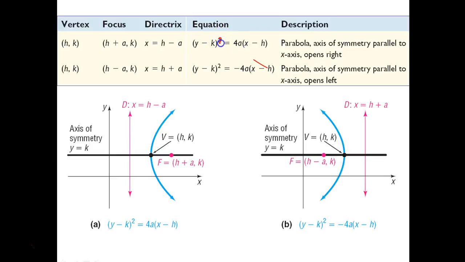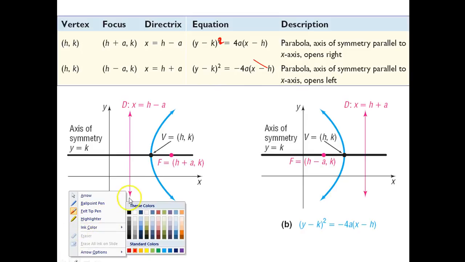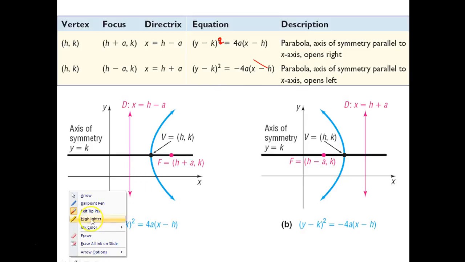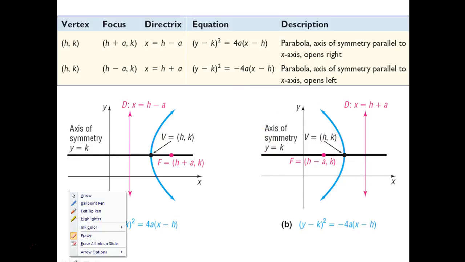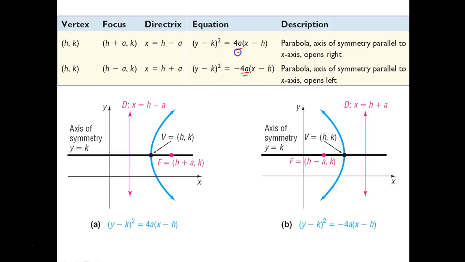So if your y is squared, it's going to be opening up left or right. If your x is squared, it's opening up or down, like the way that we're used to seeing our parabolas. Same rules apply. If it's a negative, then it's going to be opening left, because that's the direction that our negatives go. And if it's a positive in front of that binomial term, then we're going to be opening to the right.